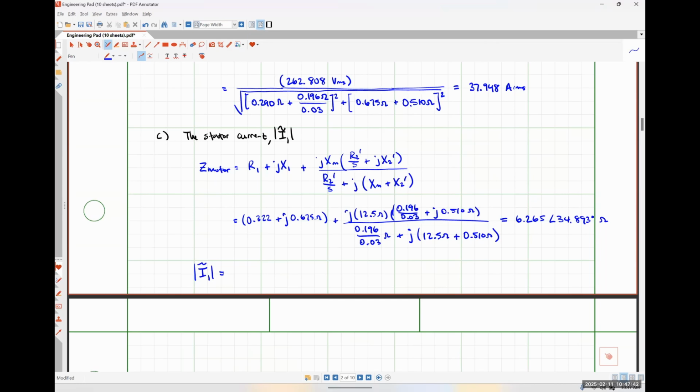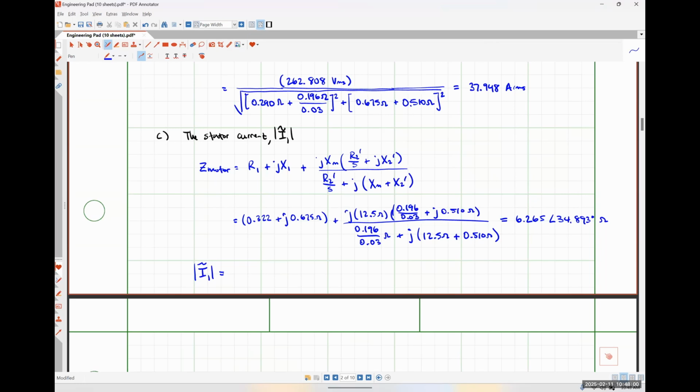Yeah, 100%. So I could find the stator current itself by just taking the voltage and dividing by the impedance. Because I'm only interested in the magnitude, I'm going to be slightly lazier.